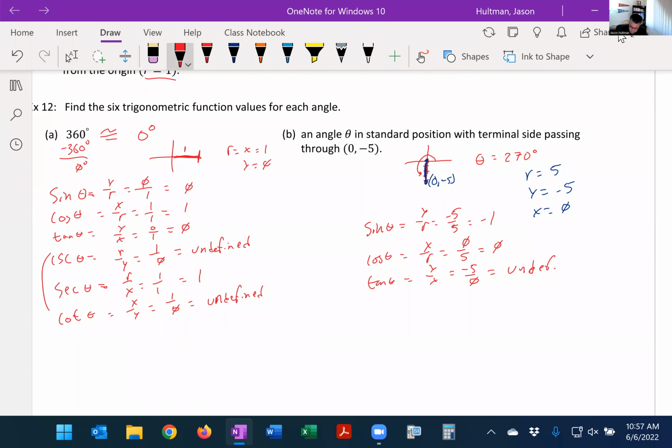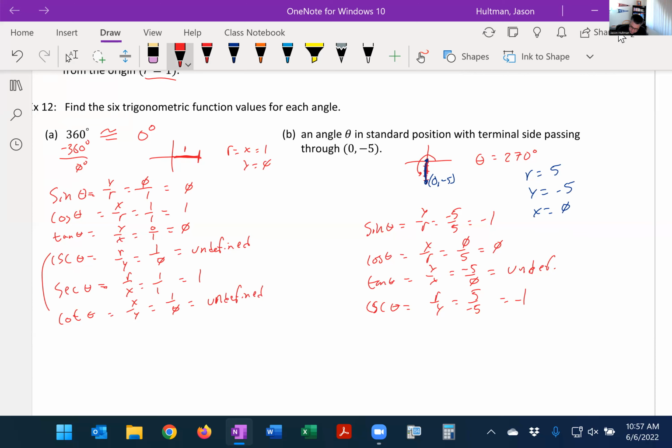Okay, undefined. The cosecant of theta, which is just the reciprocal of sine, is going to be r over y, which is equal to 5 over -5, which is again -1.